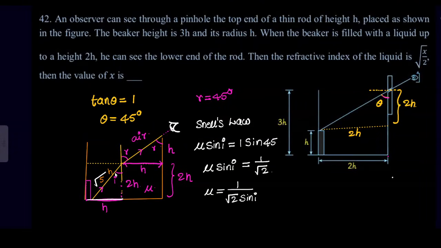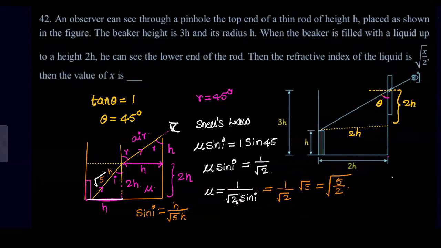Now from the triangle, sin I will be equal to H by root 5 H. So sin I value is 1 by root 5. So it will come to 1 by root 2 into root 5, that means the refractive index is square root of 5 by 2. Done. So that is the refractive index of the medium.